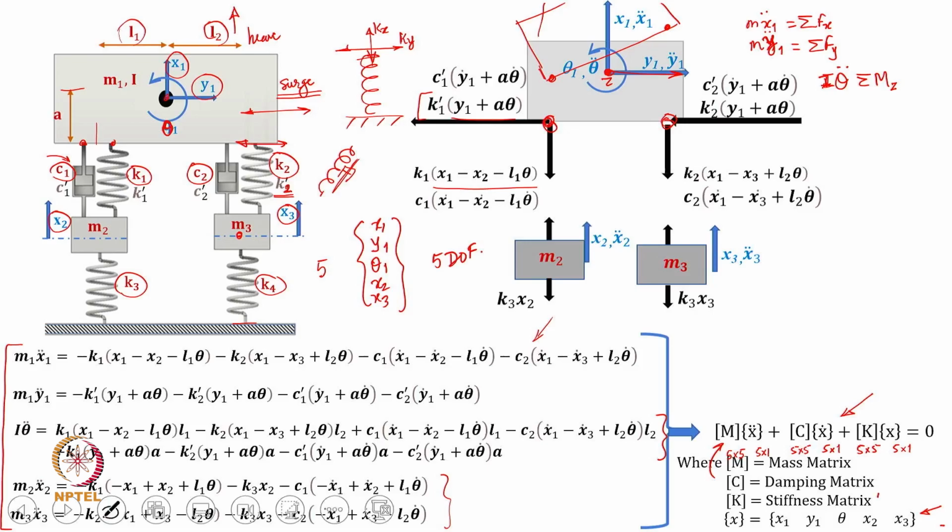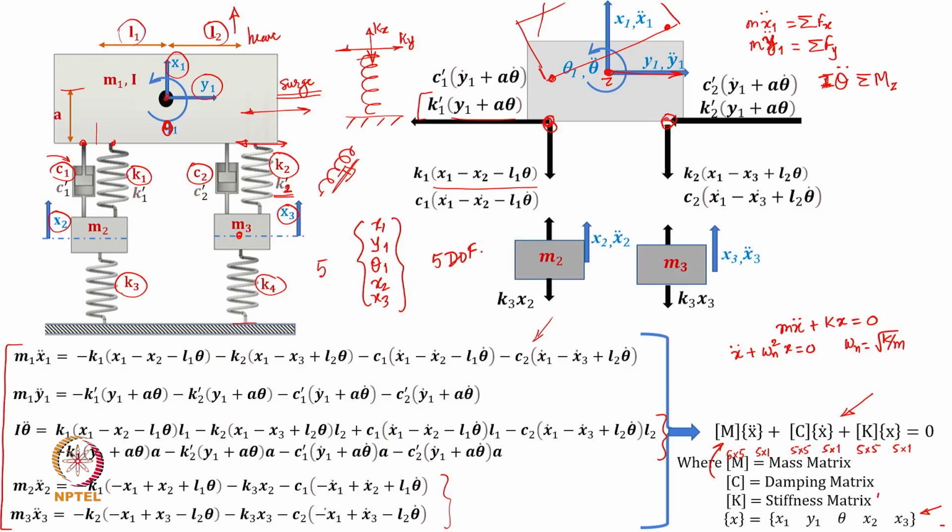Typically, when we looked at a simple single degree of freedom system, the free vibration governing equation of motion finally in a standard form turns out to be like this, where omega n is square root of k over m. So, for a single degree of freedom system, natural frequency straight away can be obtained.